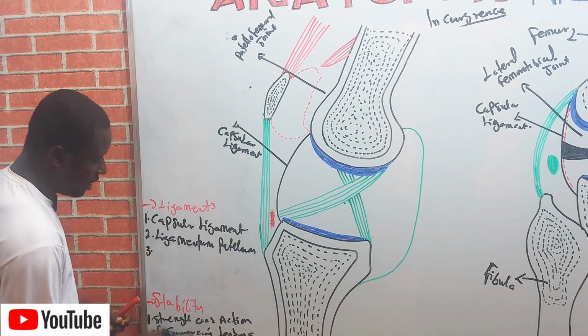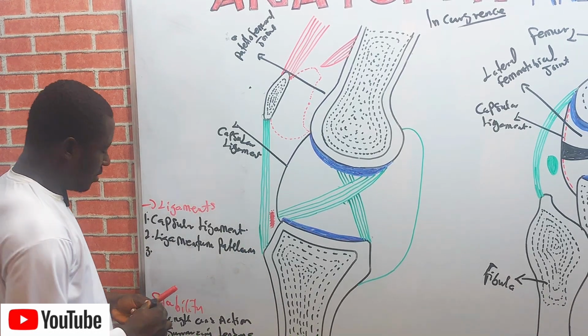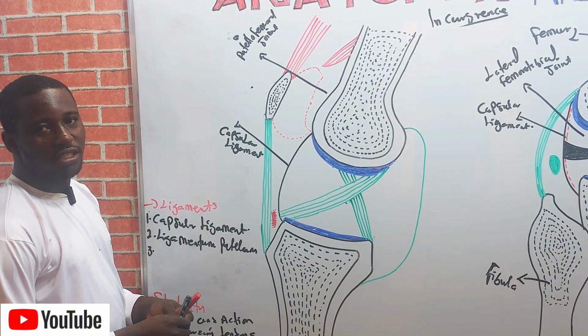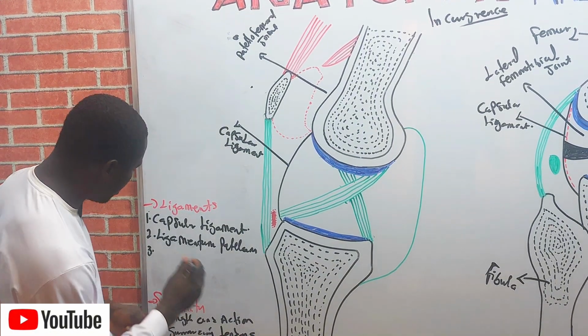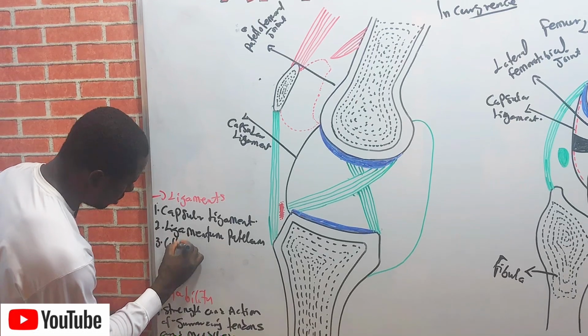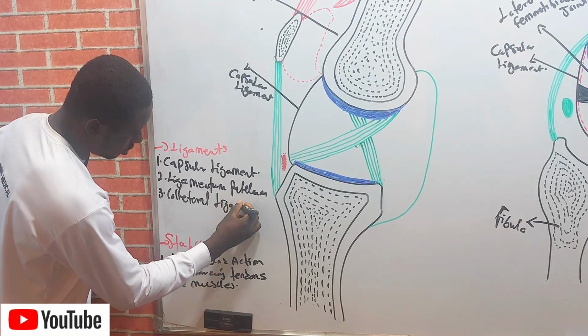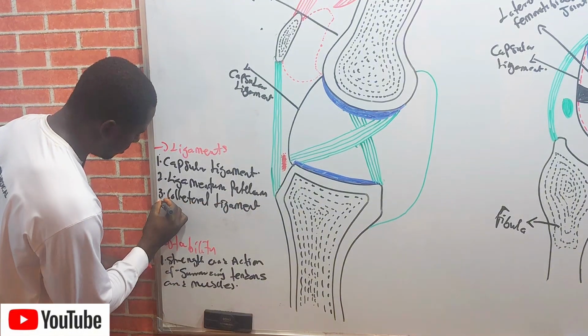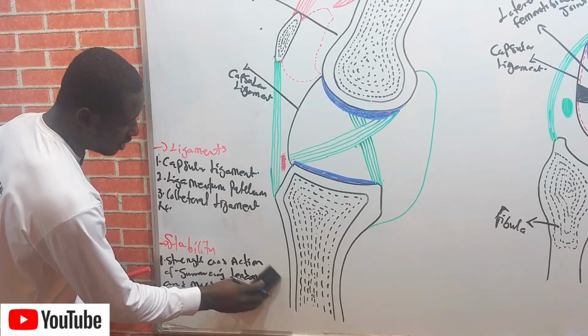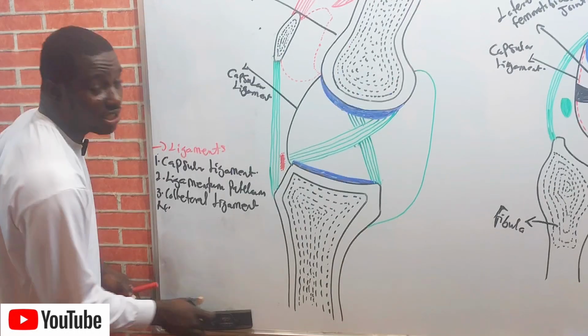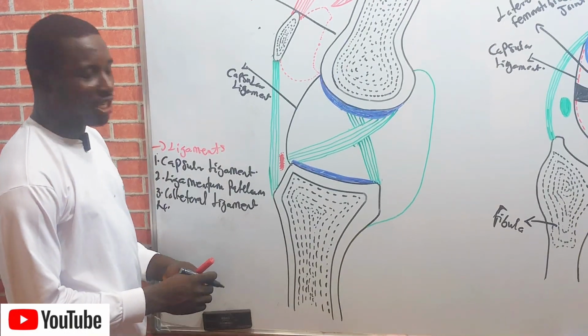The number 3 is the collateral ligament, which is the medial and lateral collateral ligaments. The number 4 is the cruciate ligament, the anterior and posterior cruciate ligaments.